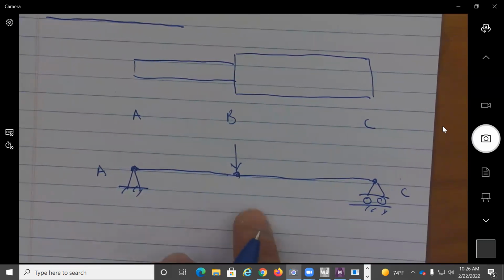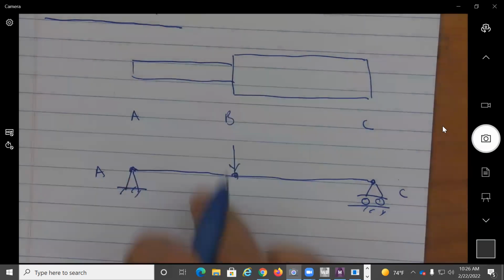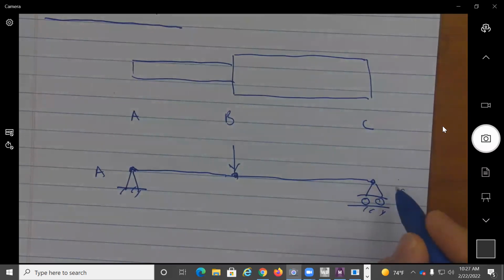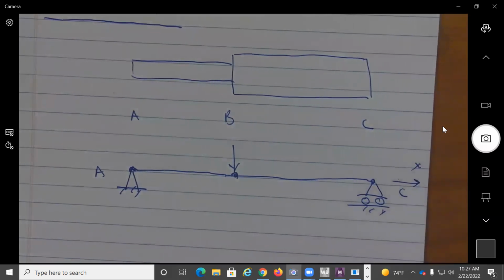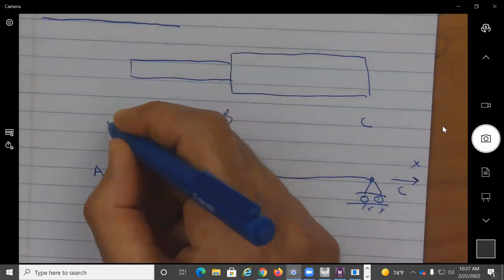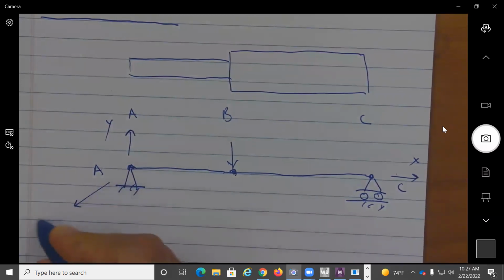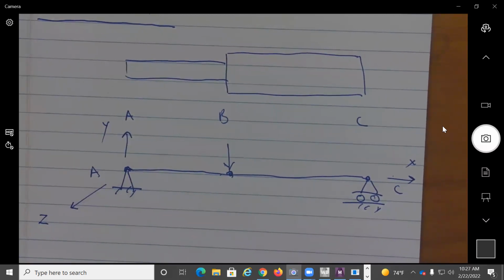And you can see clearly a difference between a beam and a 2-force member. A beam is loaded by a transverse load perpendicular to its axis. So if this is the axis of the beam along X, I have the force acting in the Y direction, and it's in the negative Y direction. And we are working in 3D, so this is my Z direction.